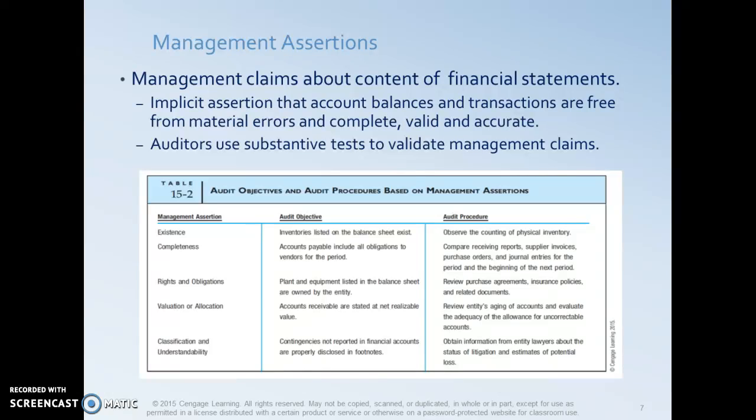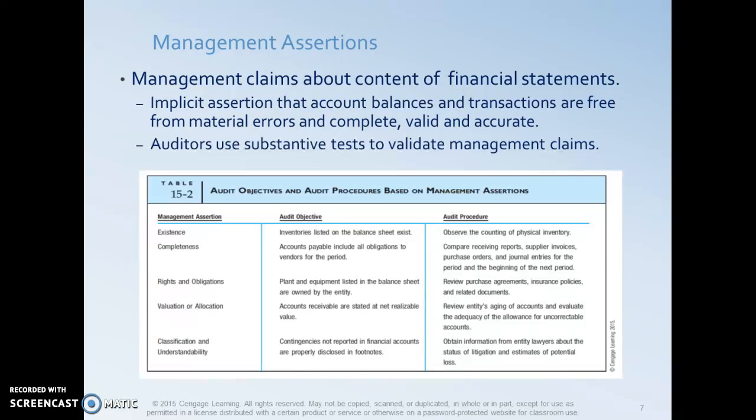Management assertions are going to assert each of these things, for example, that this is an asset that actually exists. So if they say they have cash, there's actually a bank statement that proves that there's cash in the bank. If they say they have inventories, we can actually go to the warehouse and count the inventory.